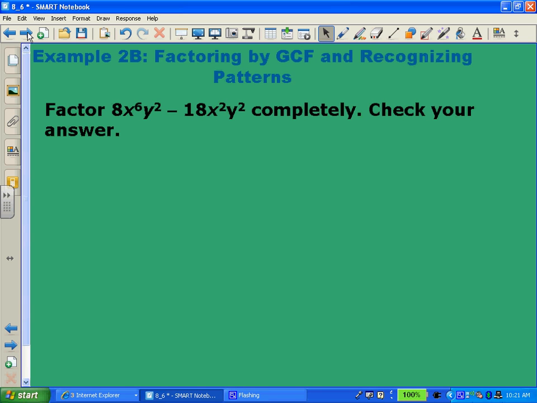Alright, let's look at another one. Okay, so now I have 8x to the 6th y squared minus 18x squared y squared. So again, remember, the first thing I do is I look for a GCF. I see in the 8 and the 18 I could take a 2 out. Also notice that I have x squared as a GCF.